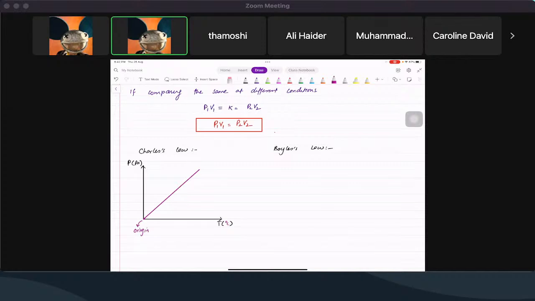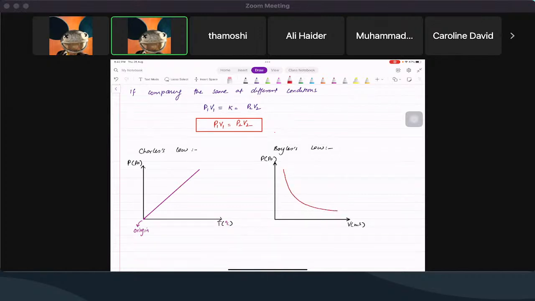Okay. In Boyle's law, because it is between volume and pressure and they are inversely proportional to each other, which basically means if you have pressure here and volume here, it would show you a graph which is like this, a downward curve.